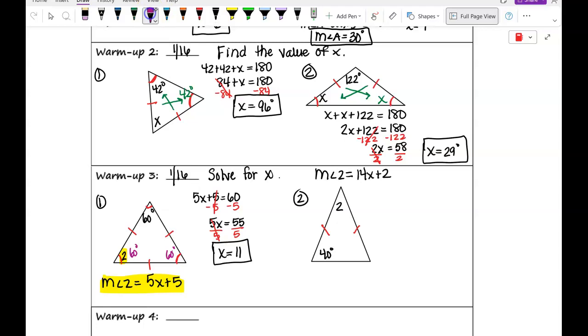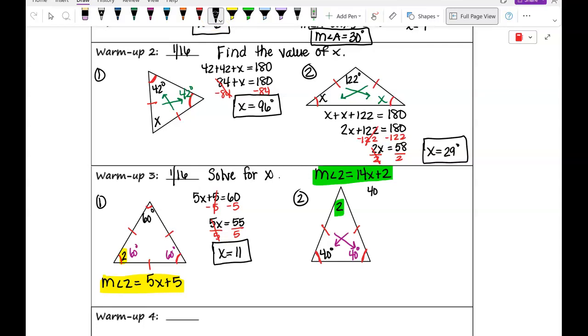Number 2, it's an isosceles triangle because I only have the two sides marked, so the angles opposite those two sides are going to be my base angles, and they're going to be congruent. So if one of my base angles is 40 degrees, what is the measure of my other base angle? 40 degrees. This time I know that the measure of angle 2 is equal to 14x plus 2, so that's the value of that vertex angle there.